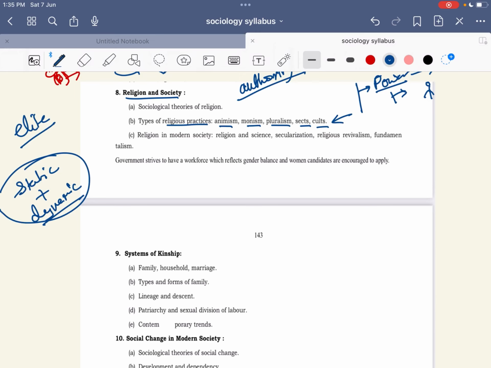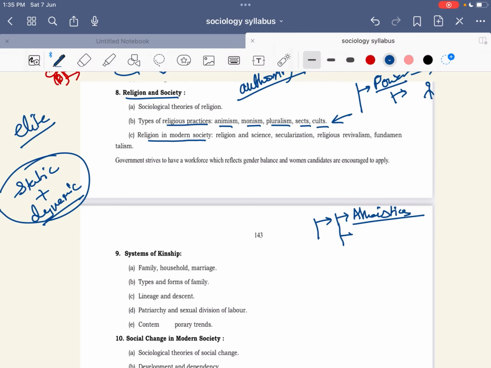And then there is religion in the modern society. This is important. See, religion in the modern society. If you see modern society, some people are there, they are completely atheist. They don't believe in anyone's god or anything like that.